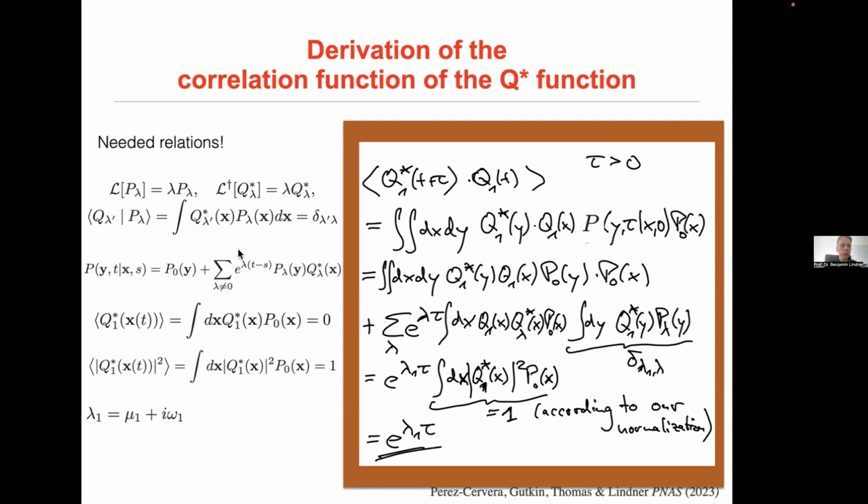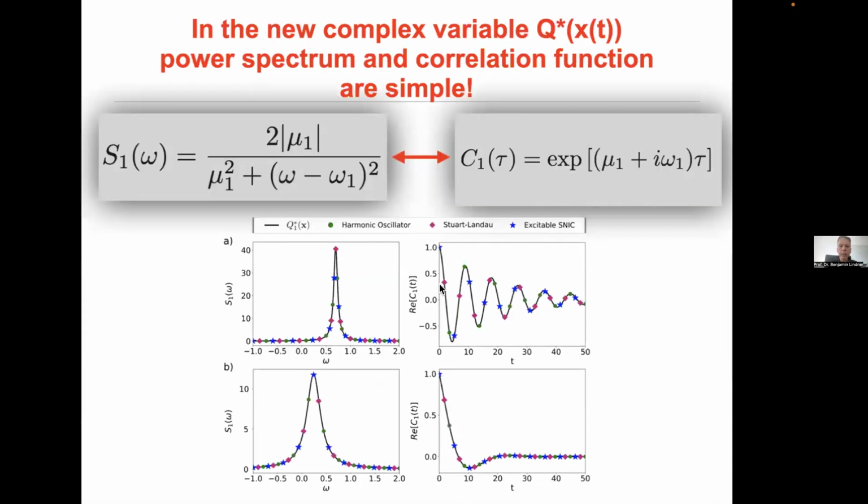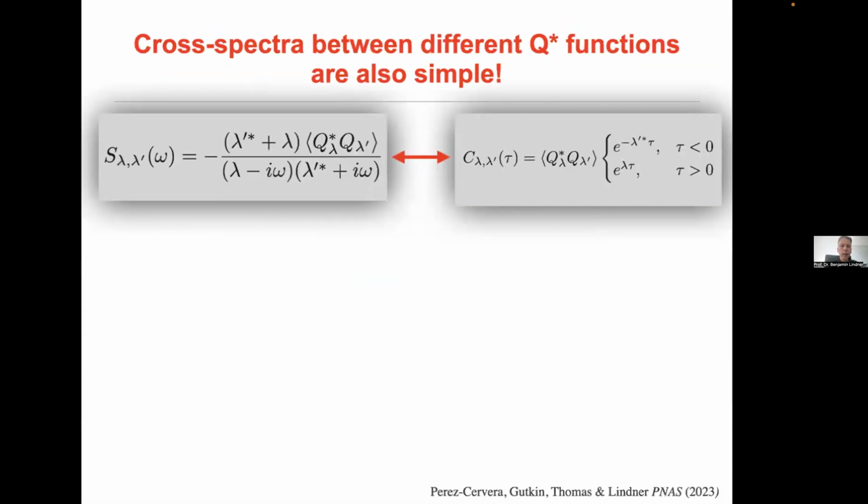And then you see that if you apply the bi-orthogonality relation to all these integrals, then only one term survives, and that is the term with lambda 1 times tau. And then we also use that we define the variance to be 1 according to our normalization, and what results exactly is a pure exponential. It's of course a complex exponential because we deal with a stochastic oscillator. The lambda 1 is a complex number, mu1 plus i omega 1. And that's how we end up with this exact result and the power spectrum.